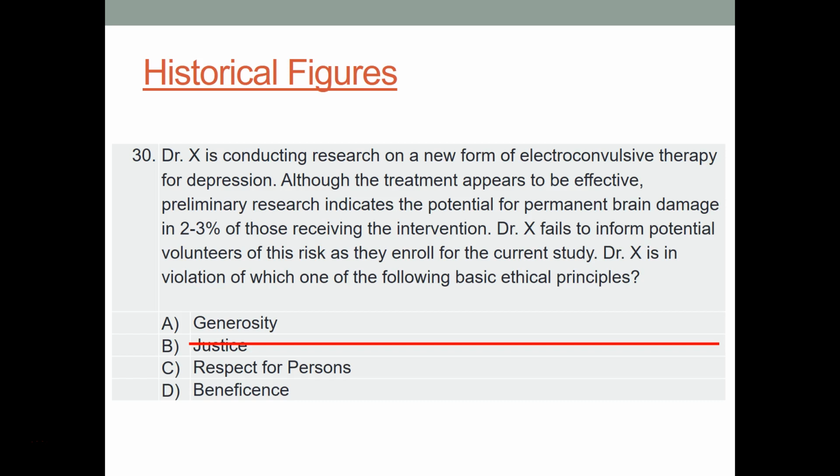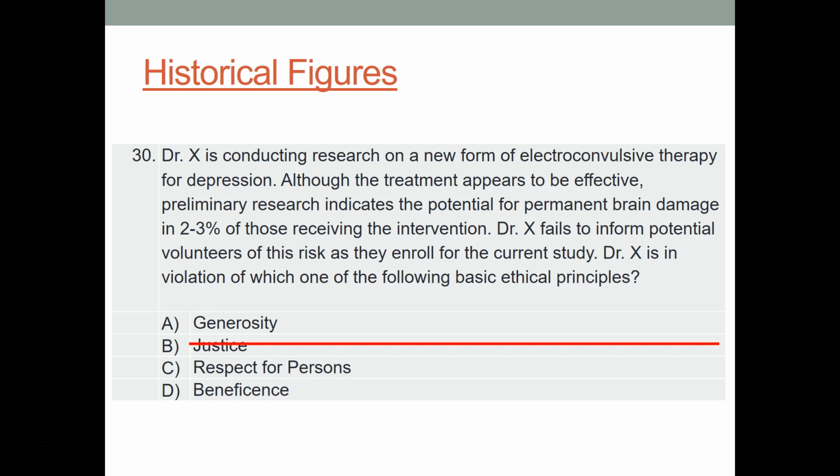So we're going to leave that one up for right now. Last option is beneficence. This is do no harm. It sounds like even though there is a potential drawback, there's always the potential for drawback, side effects, and things along those lines.